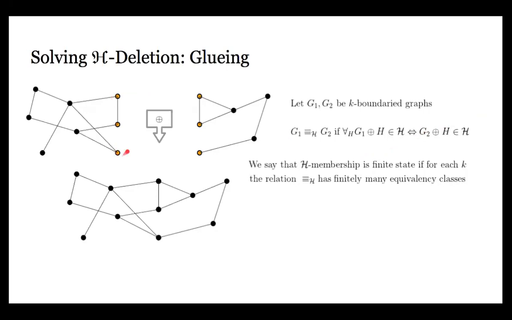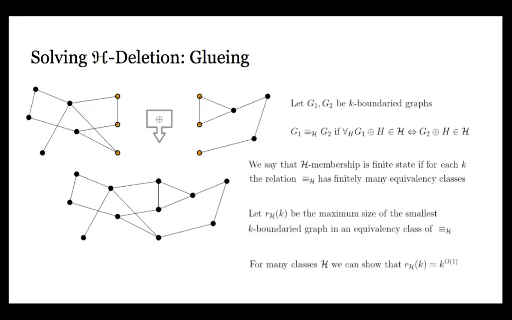When this would be a bag in our tree decomposition, we can imagine what happens in the bottom part, in the subtree rooted at this bag, and on the other side of the graph, and we only need to remember in which equivalence class we want to end up, and this is why we only need a finite number of states per bag.